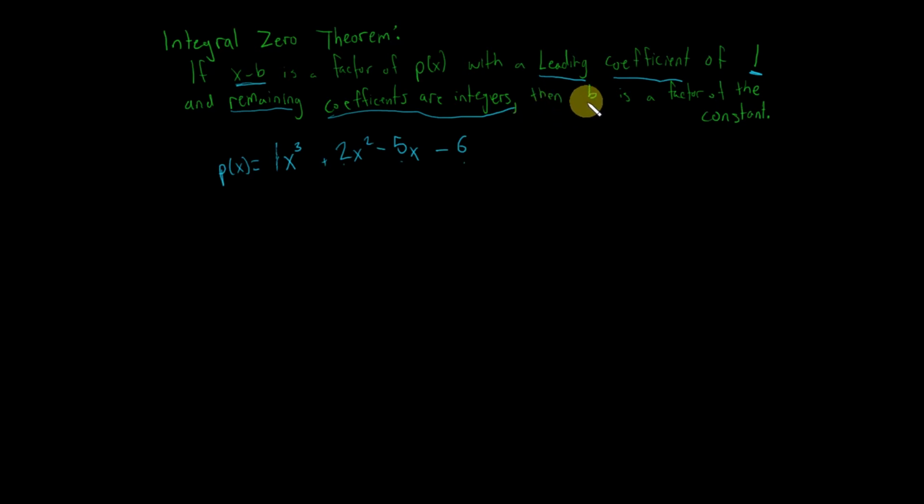So now we know that b is a factor of the constant. The constant is just the term that doesn't have an x on it, so this is negative 6. If the factor is in x minus b form, then we know that the b value is going to be something that can be multiplied to reach negative 6.